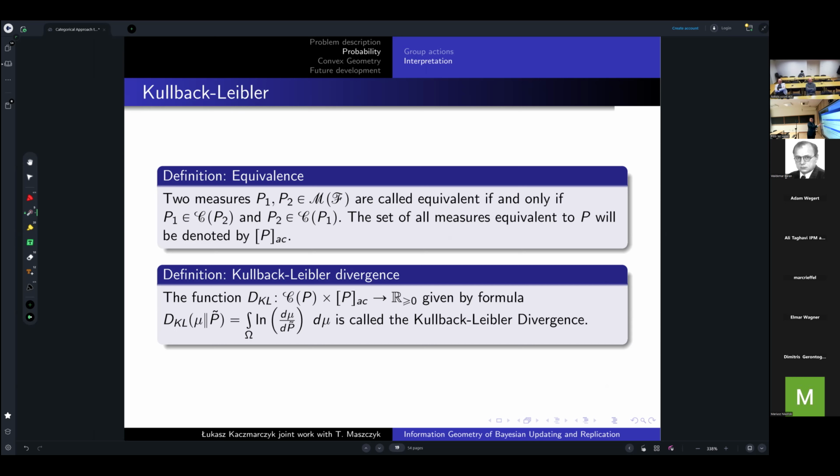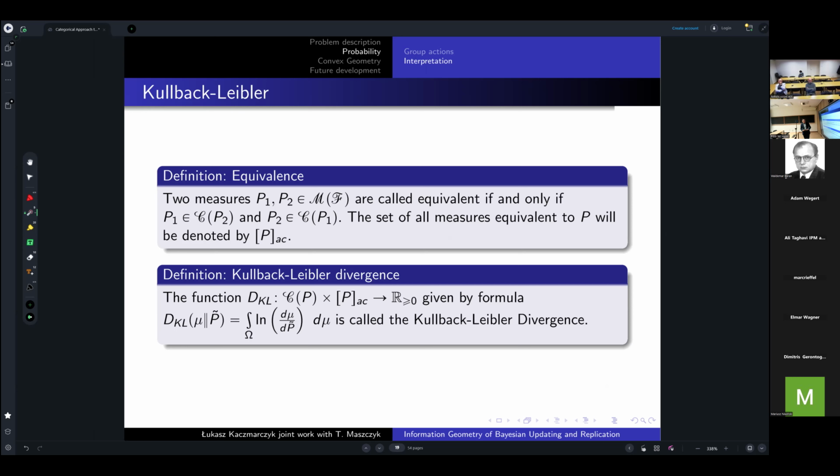Plus here, by writing this instead of simply these two inequalities for absolute continuity, we also impose the condition that the respective Radon-Nikodym derivatives have to be L infinity.